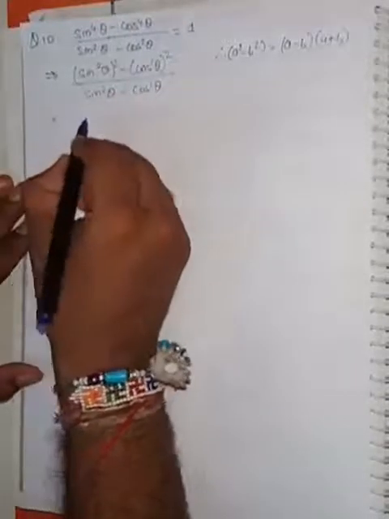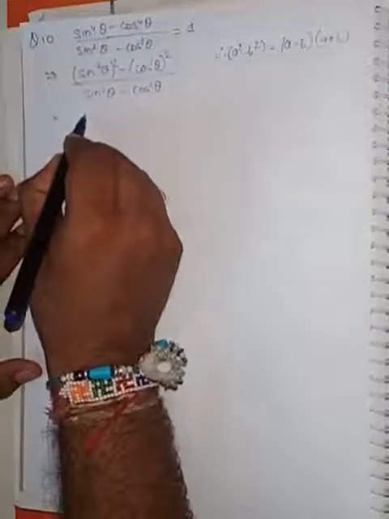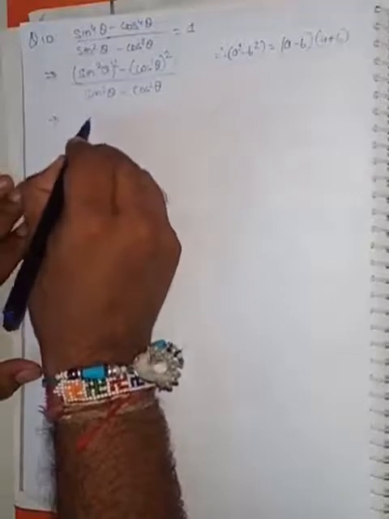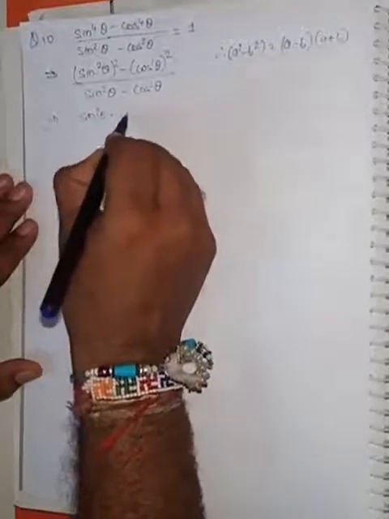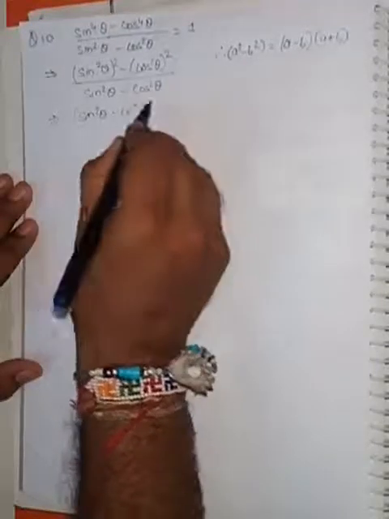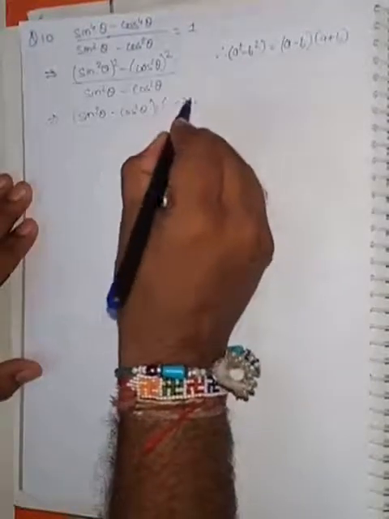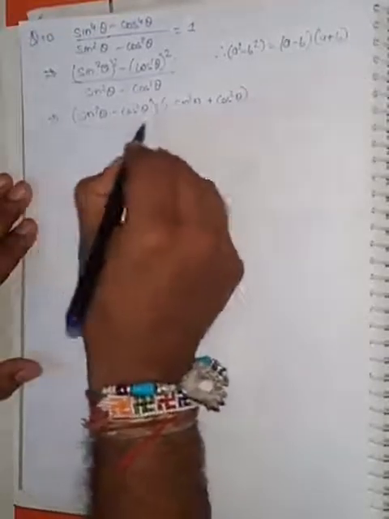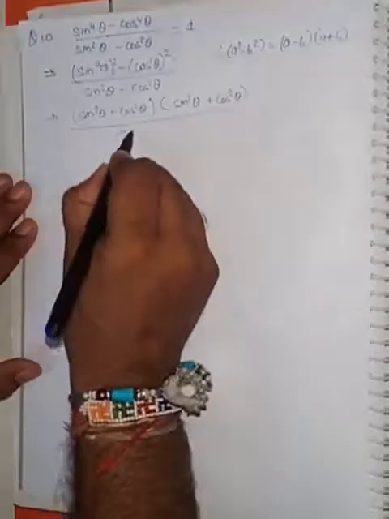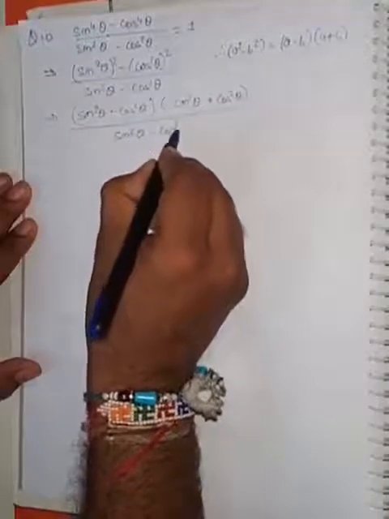So we get (sine square theta minus cos square theta) multiplied by (sine square theta plus cos square theta), divided by sine square theta minus cos square theta.